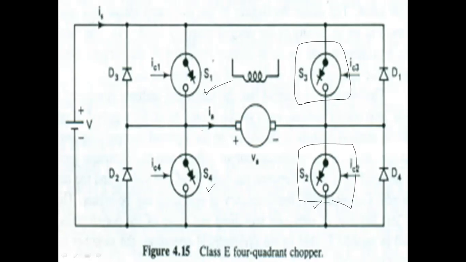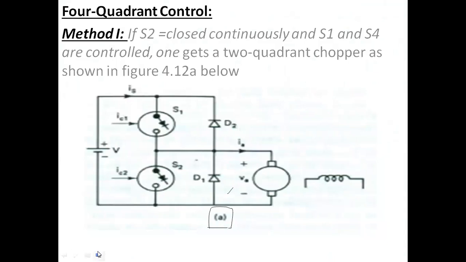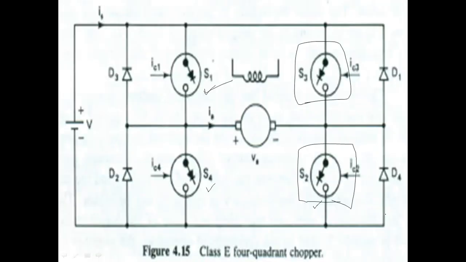First one, the utilization factor of the switch is low due to asymmetry in the circuit operations. Okay, so what are the features? When the switches S2 and S3 are continuously off and continuously on, they should remain on for long periods.